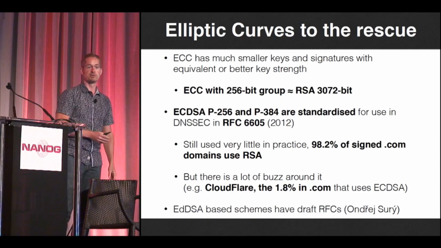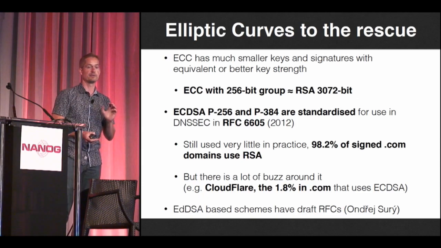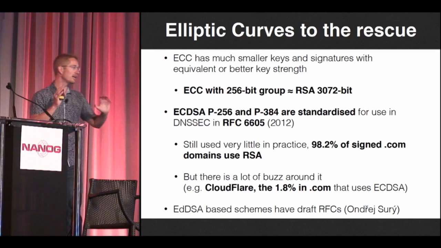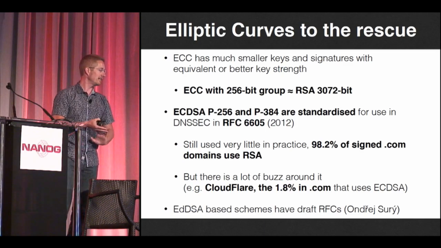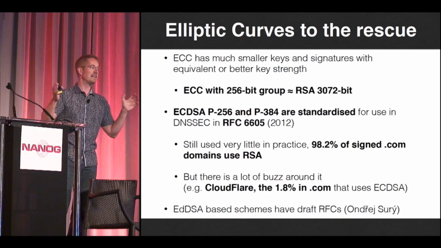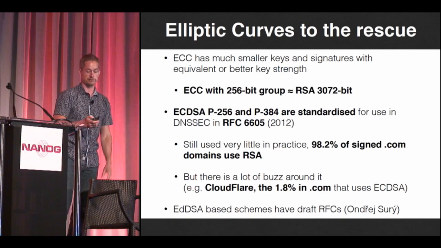And they are responsible for the 1.8% of signed domains in .com that use ECDSA. And apart from ECDSA, there are additional algorithms that are currently getting standardized for use in DNSSEC. They're called EdDSA, and they have some even more favorable properties, mainly in terms of key size when you transmit it across the wire.